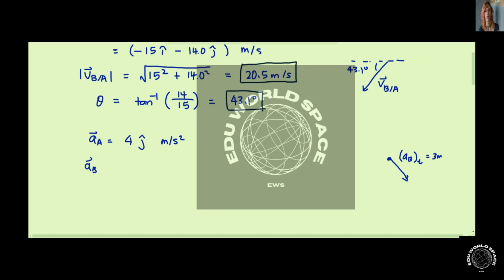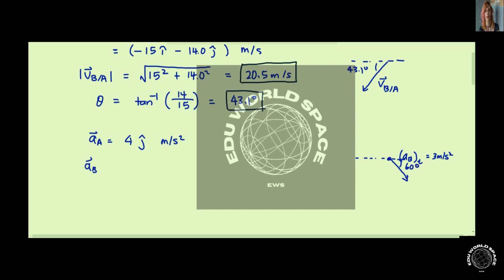So it's slowing down, so it's pointing horizontally down to the right. And the angle is 60 degrees because the angle from the vertical is 30 degrees.